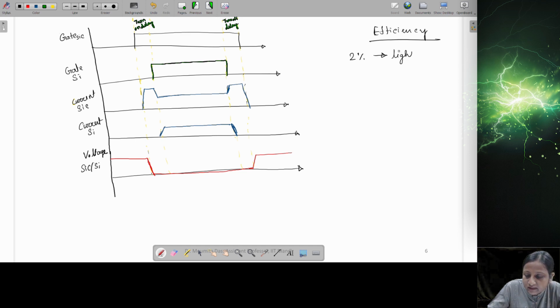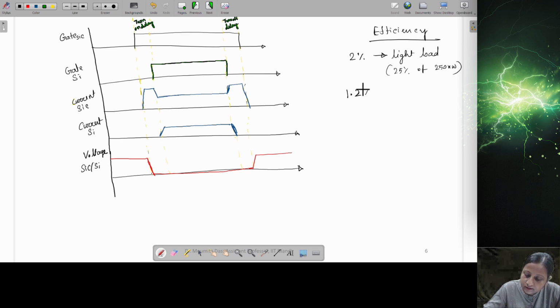Light load means around 25% of the 250 kilowatts. And in full load, so basically in rated condition, it is achieving 1.2% efficiency improvement.